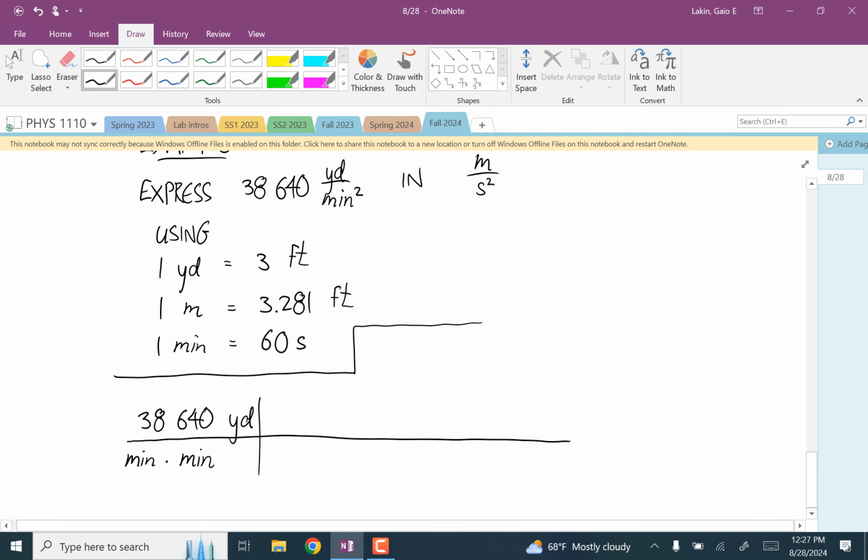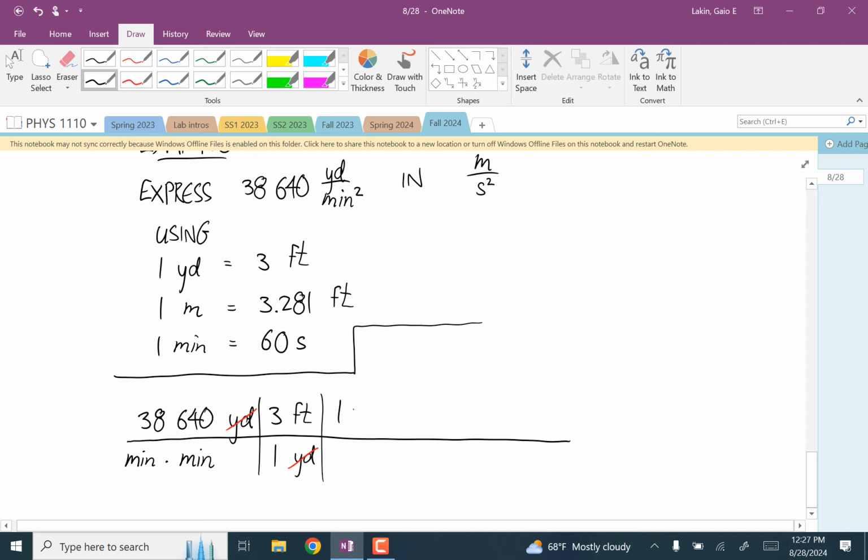So to go from yards to feet, I want to have yards in the denominator to cancel this one. So I'll go 3 feet over 1 yard. But now the units of length are in feet. We don't want that, we want meters. So now I want to use this second relationship, and I want the feet to be in the denominator.